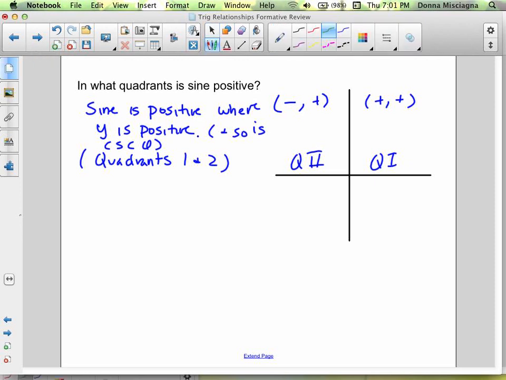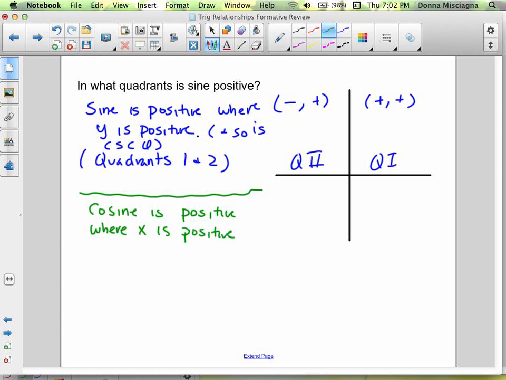If you want, let's just review real quickly where the others are positive. Cosine is positive where x is positive. And so is secant.